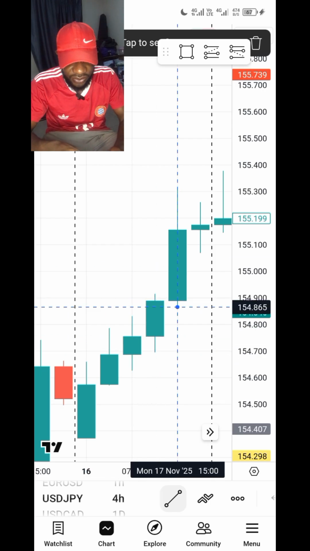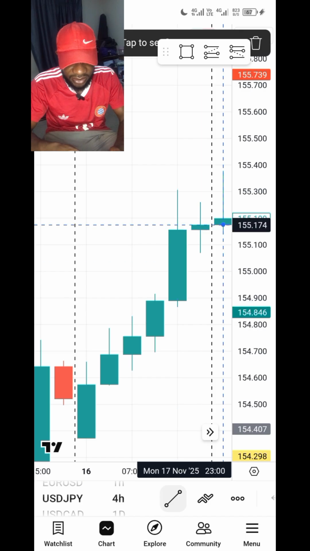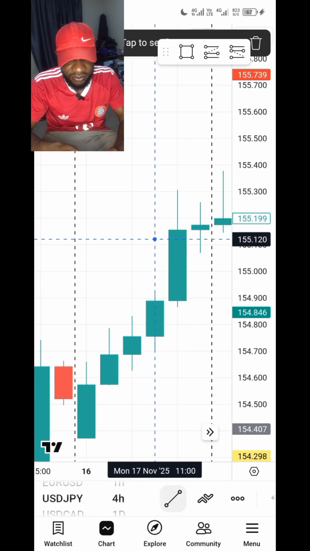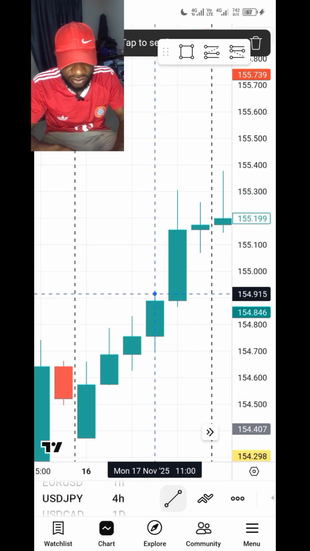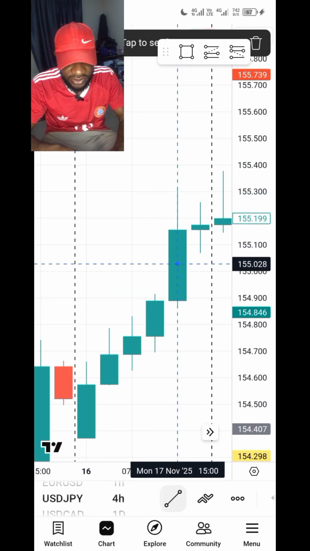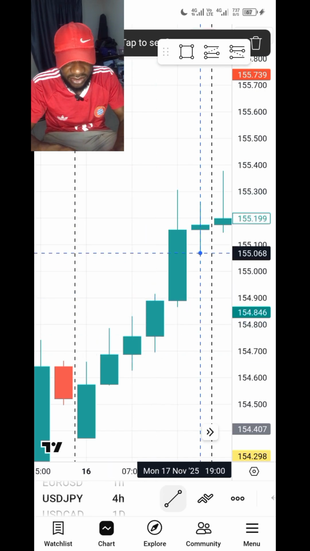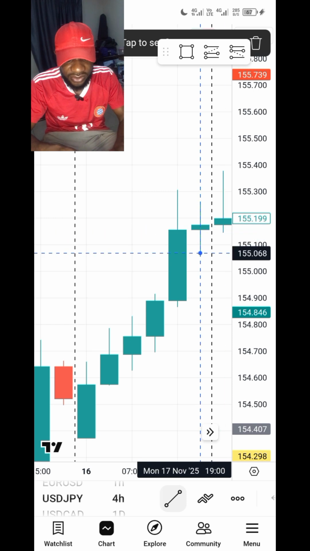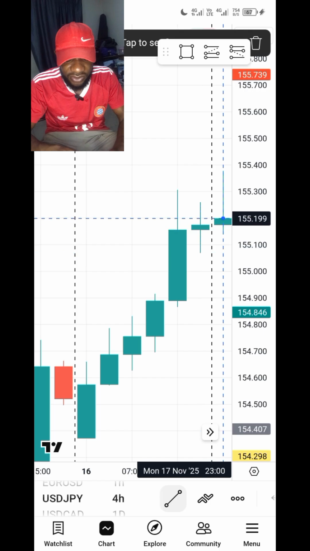Now, if you want to buy, once you see price going up like this, all you need to do is mark the lows of all these candles. Each time price comes below any low of these candles, that is when you start looking to buy.